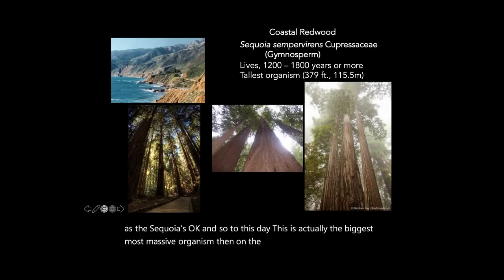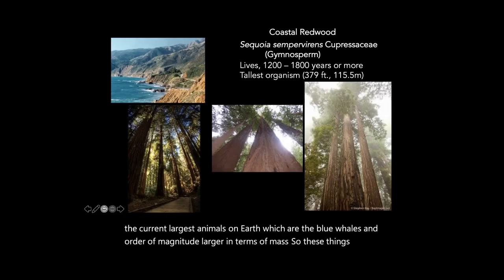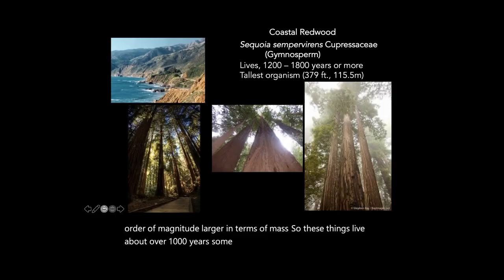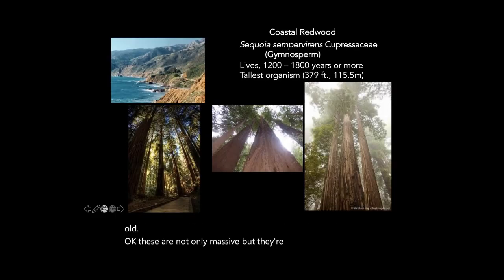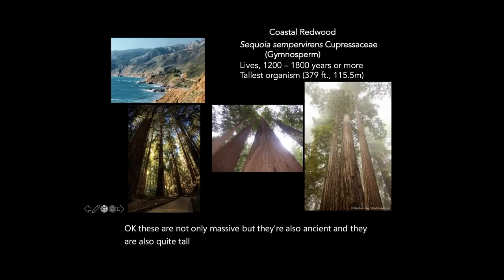It's an order of magnitude bigger than any of the most massive dinosaurs or even the current largest animals on Earth, which are the blue whales, an order of magnitude larger in terms of mass. These things live well over 1,000 years, some approaching almost 2,000 years old. These are not only massive, but also ancient, and they're quite tall, approaching a little over 120 meters in height.